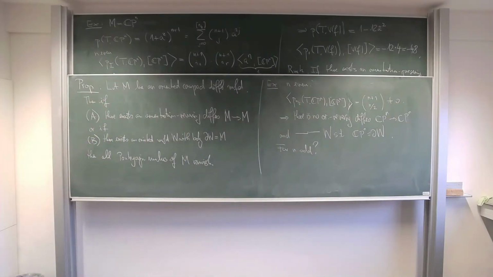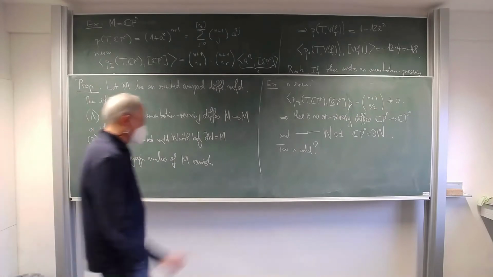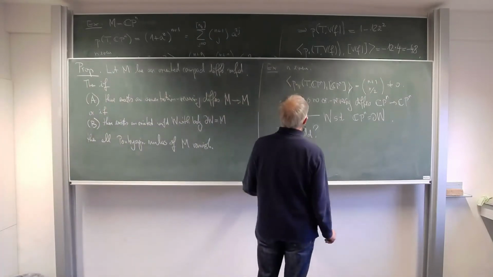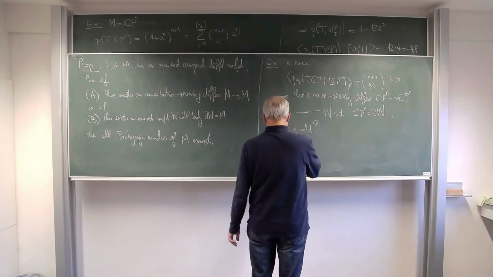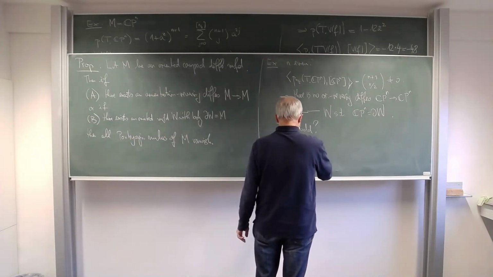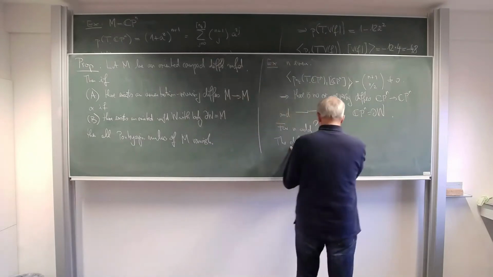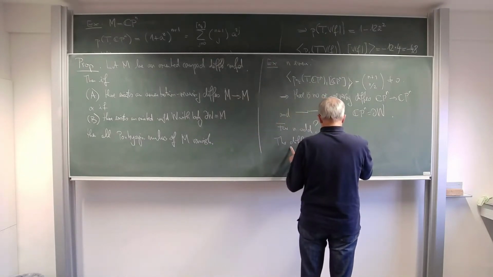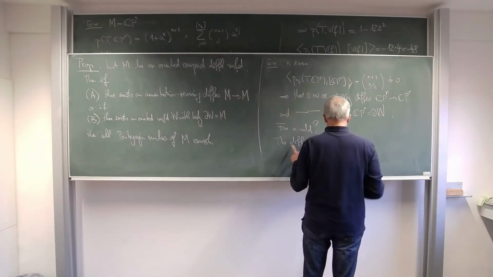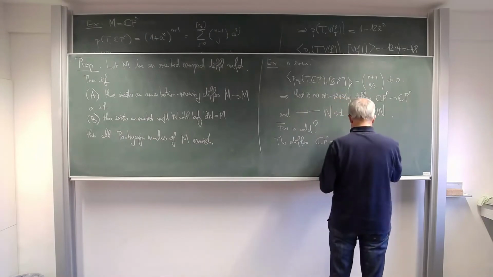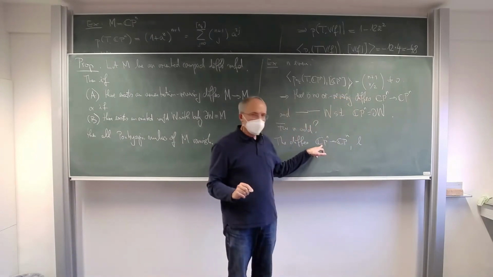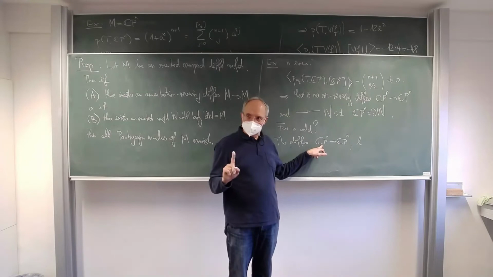And for higher odd n's, there's also one. Namely, look at this one. So the diffeomorphism, we have this diffeomorphism in all dimensions, CPN to CPN. And what does it do? The elements of CPN are lines in Cn plus 1, right?